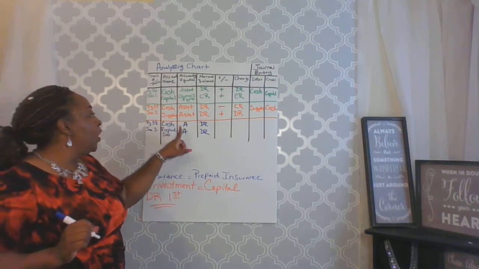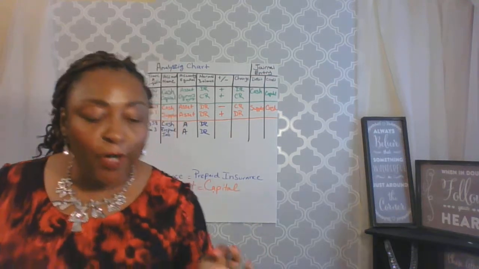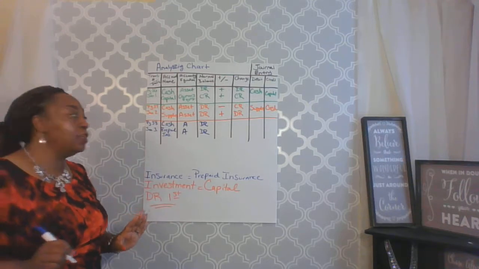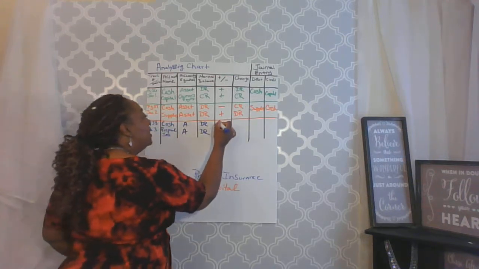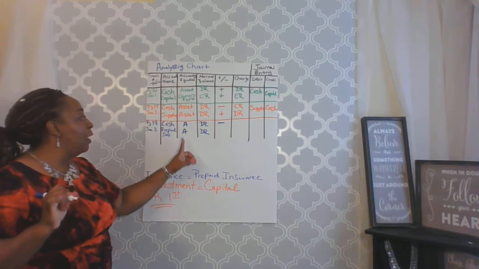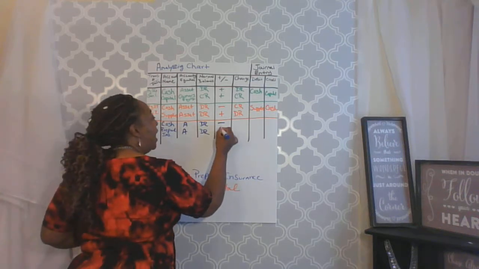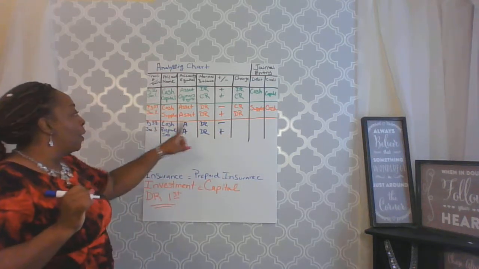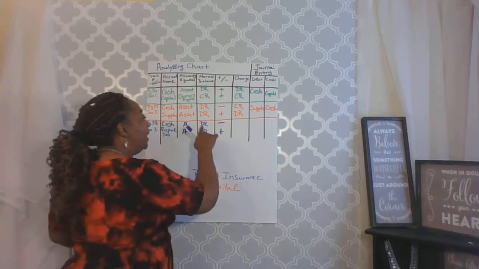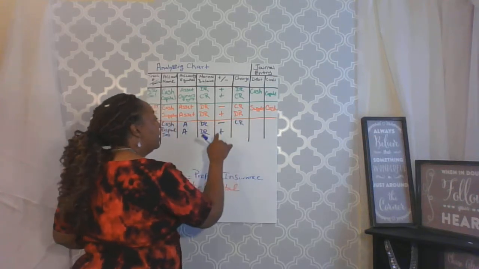Do I have more or less cash based on this transaction? It is paid cash for insurance, $900. I paid cash, so that is less cash. That means I have more insurance. So that is a plus. If it's a negative sign here, that means I have less of it, so I do the opposite of the normal balance. So this will be credit.